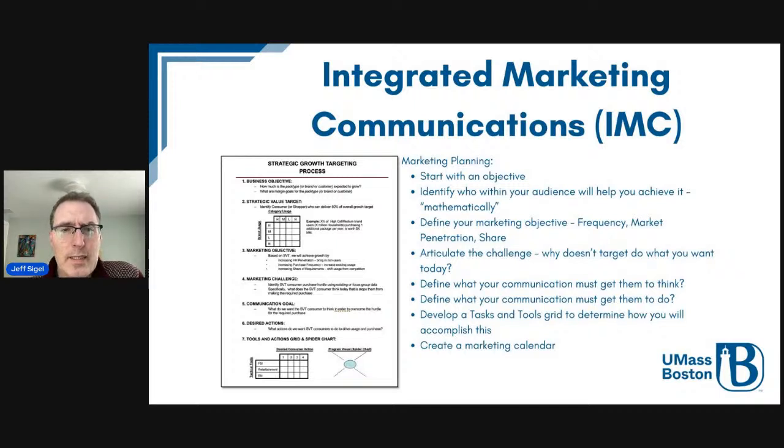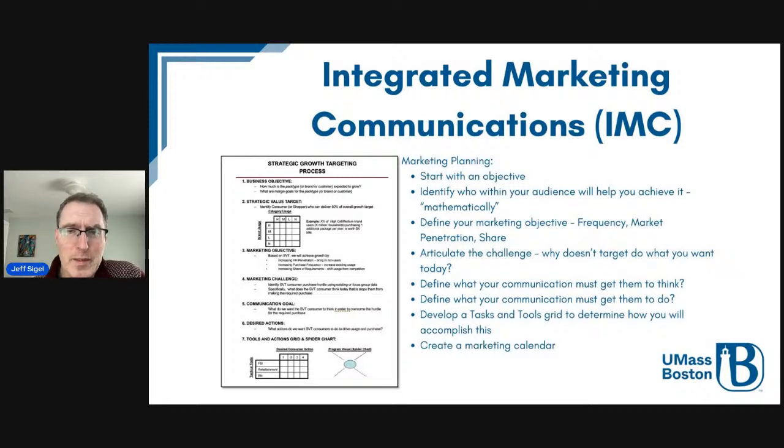So the process starts with setting a business objective. And when I say business objective, what I'm referring to is like a sales objective. And Kraft had a very specific rule of thumb, which was if you needed to grow your business, let's say $50 million next year, then your integrated marketing communications plan was responsible for half that.